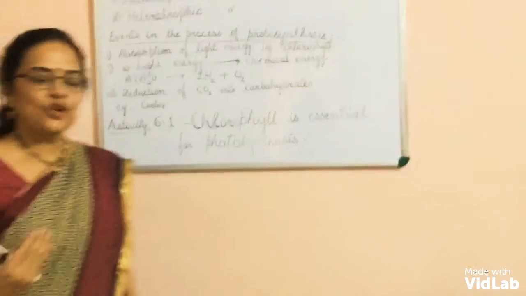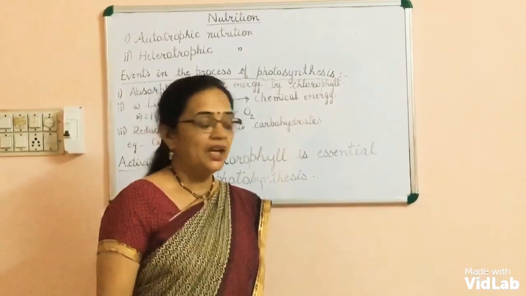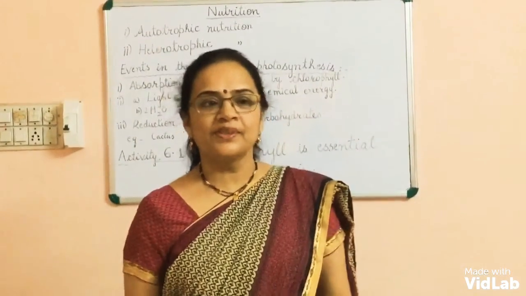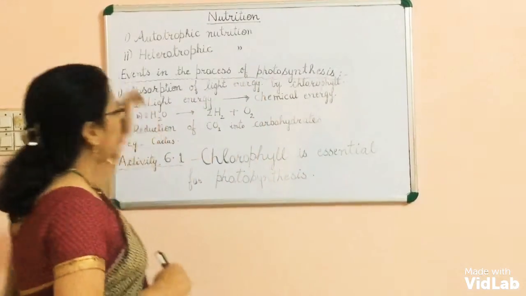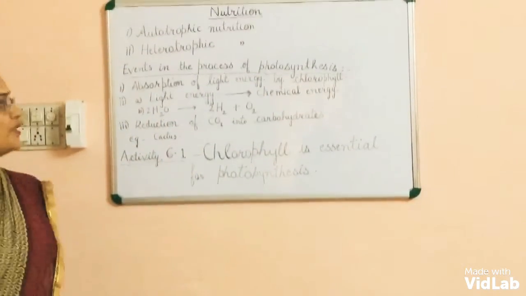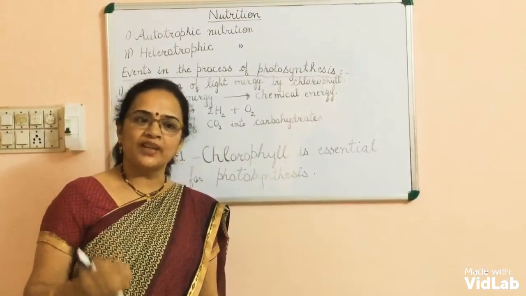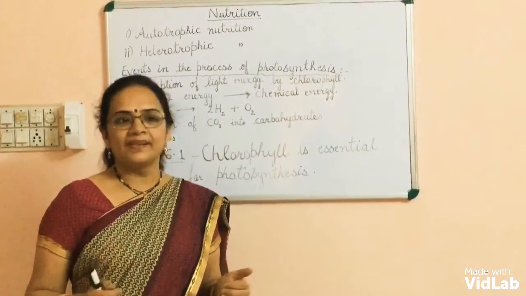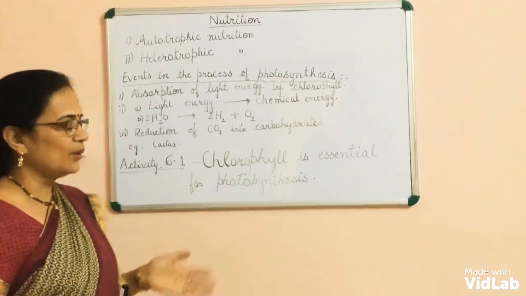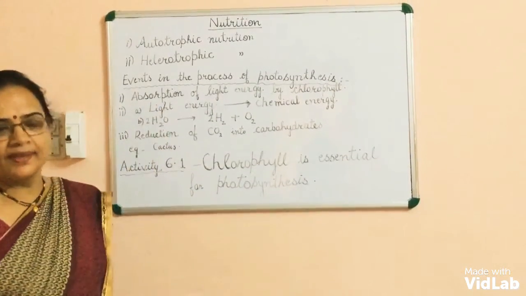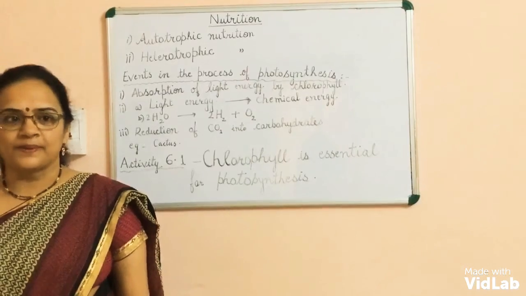Our next topic is nutrition. Nutrition can be of two types, autotrophic nutrition and heterotrophic nutrition. First, what are autotrophs? The organisms which can manufacture their own food in the presence of sunlight and chlorophyll, like green plants, are known as autotrophs.